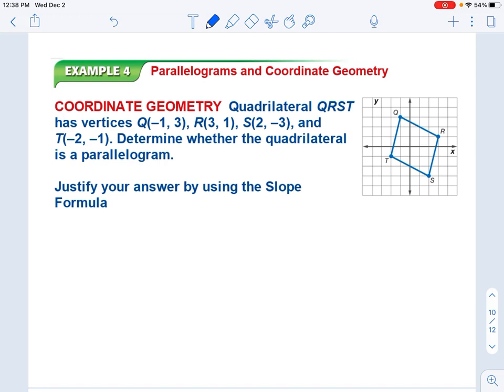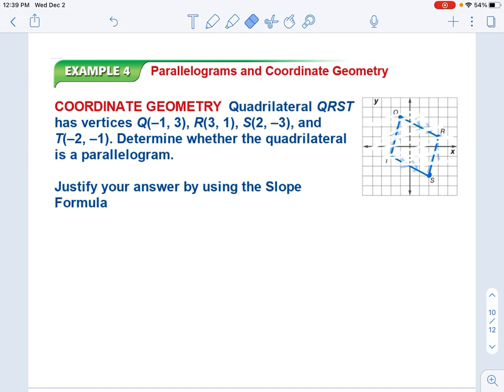All right. Now here's where that intro problem comes in. We have coordinate geometry. We have quadrilateral QRST has those vertices. Determine whether the quadrilateral is a parallelogram. So this time we're going to justify our answer using the slope formula. So basically we need to make sure that the slope of this line is parallel to the slope of this line, and that the slope of QR is parallel to the slope of TS.